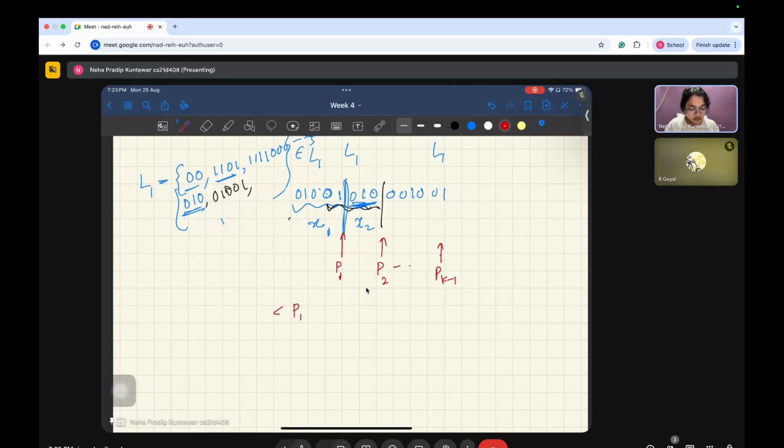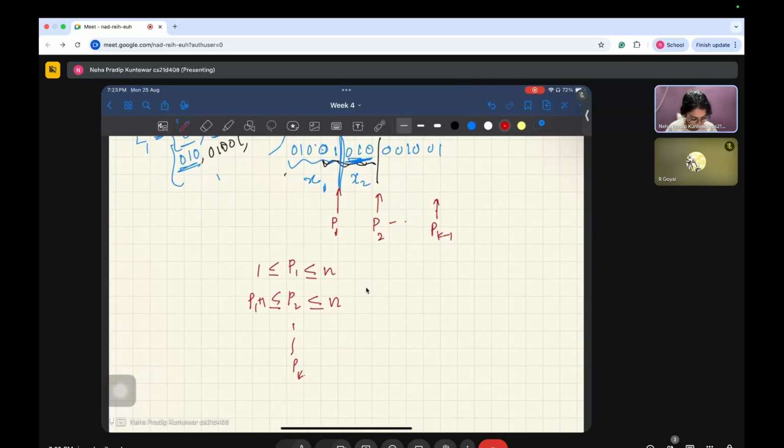p1 can be anywhere between 1 and n, where n is the length of the input. p2 can be anywhere between p1 plus 1 and n, and so on, up to p(k-1) plus 1 through n.